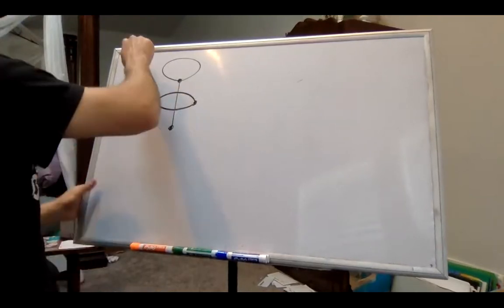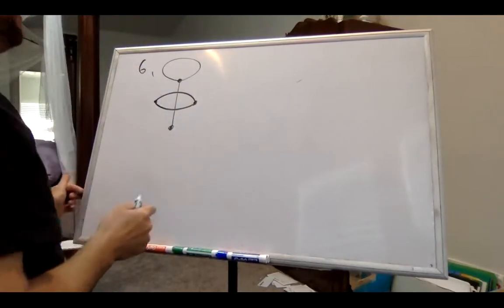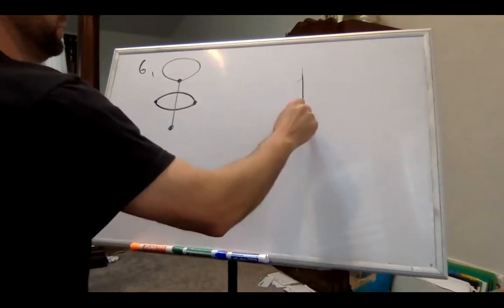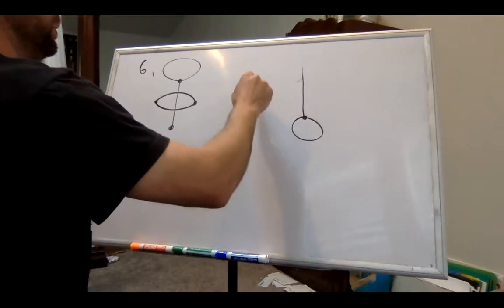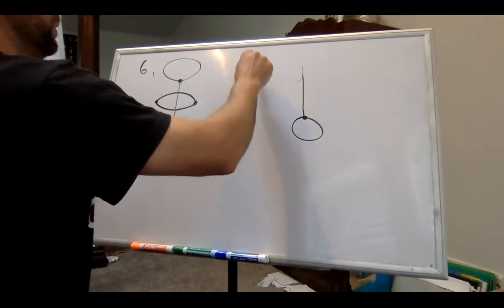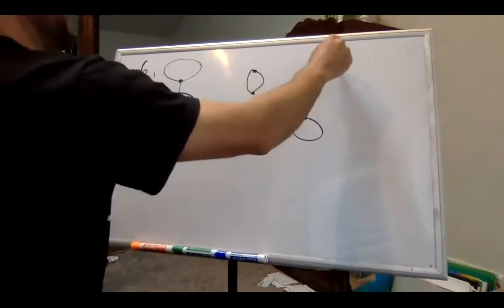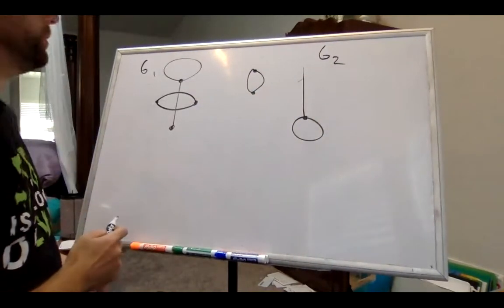So this is one graph. This is graph one. And if I draw another graph that maybe looks a lot different, like this, there's no difference between graph one and graph two.